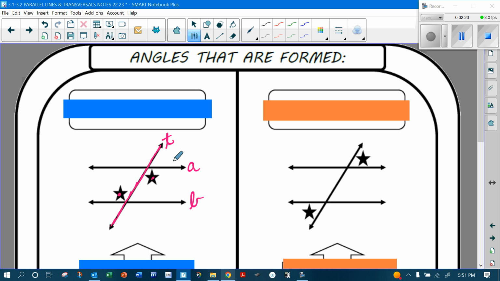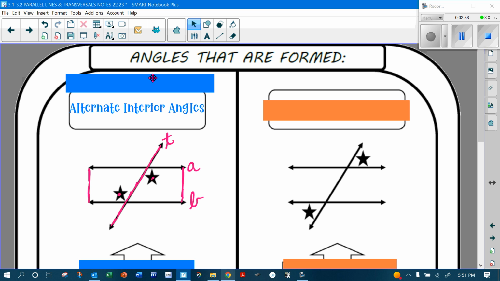Think about it as if you box this up, so let's say this is a neighborhood right here in this little box. You live on one side of the street, your friend lives over here on this side of the street. When you see this relationship, this is called alternate interior angles. Alternate meaning they're on alternate sides of the transversal.